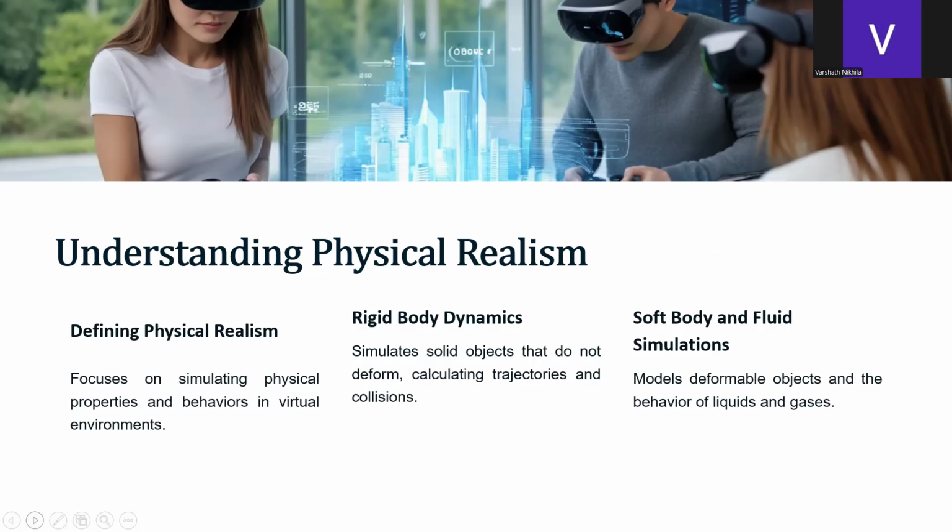On the other hand, soft body and fluid simulations cover things like cloth waving, jelly wobbling, and water flowing. Physics engines simulate gravity, collision, mass, friction, and force, making the virtual world feel physically grounded. So, photorealism deals with appearance, while physical realism deals with behavior. Have a clear note of that.